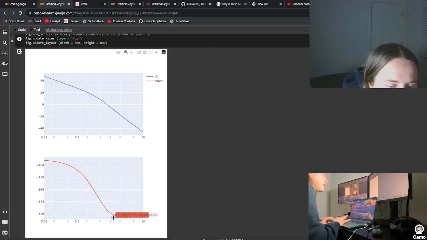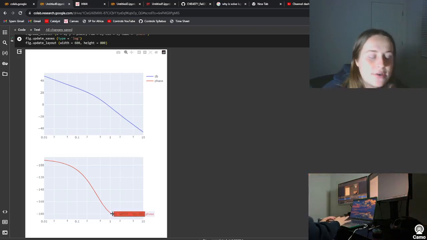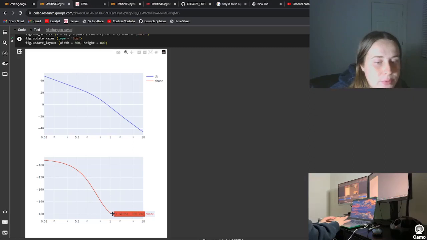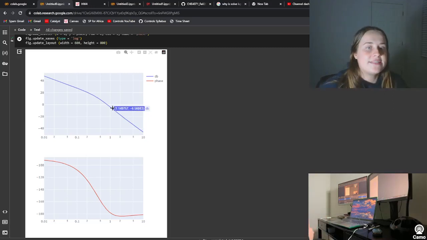We see it's crossing over just a little above 1, about 1.14. So I'm going to go up here to 1.14, it's about right here. So it's negative, and it's below 0, which means that you're stable.